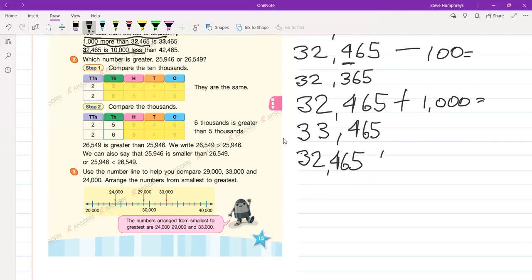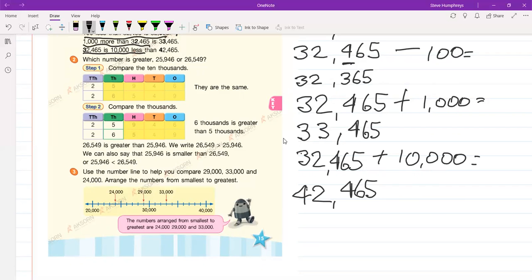So what you're doing is actually adding 10,000 to that number to find the answer. 3 is in your 10,000th place, so it's 30,000 plus 10,000 will be 40,000. 42,465.